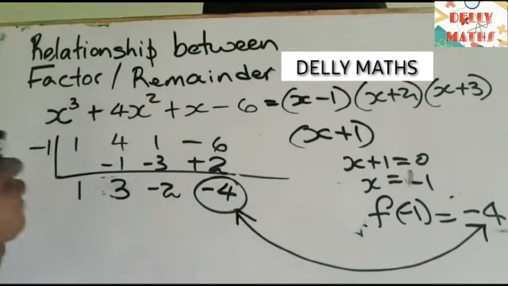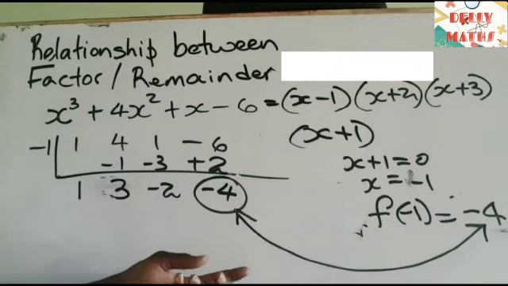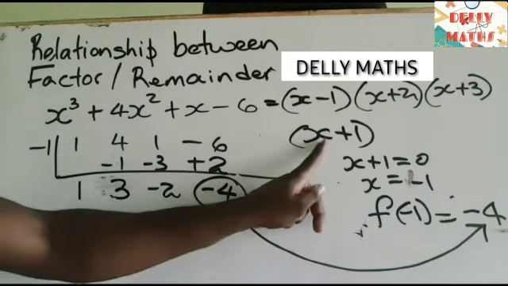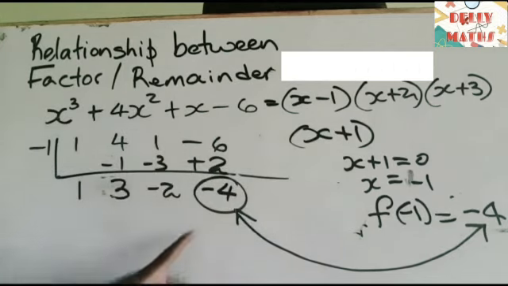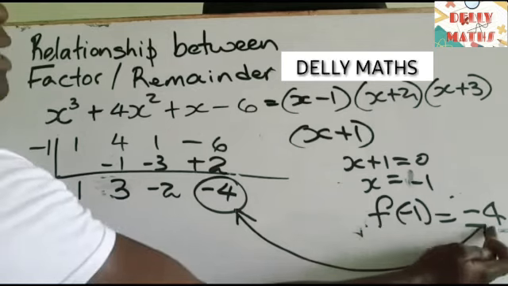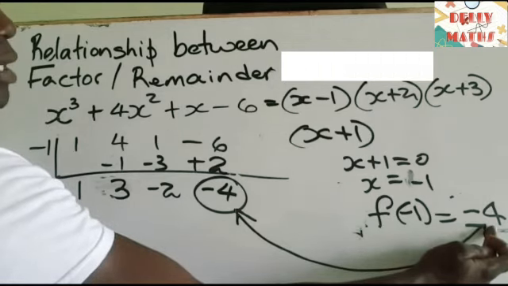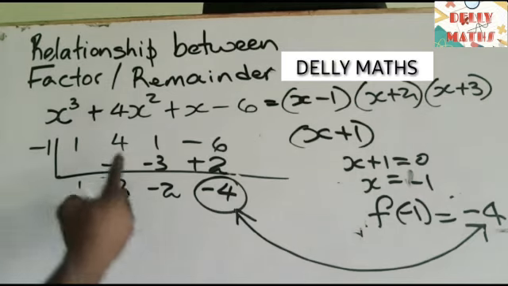So we are seeing that using synthetic division, if x plus 1 is divided into this, we will get a remainder of negative 4. And at the same time, if we evaluate f of negative 1, we will get negative 4. Now let's see what we could conclude regarding the factor and the remainder.